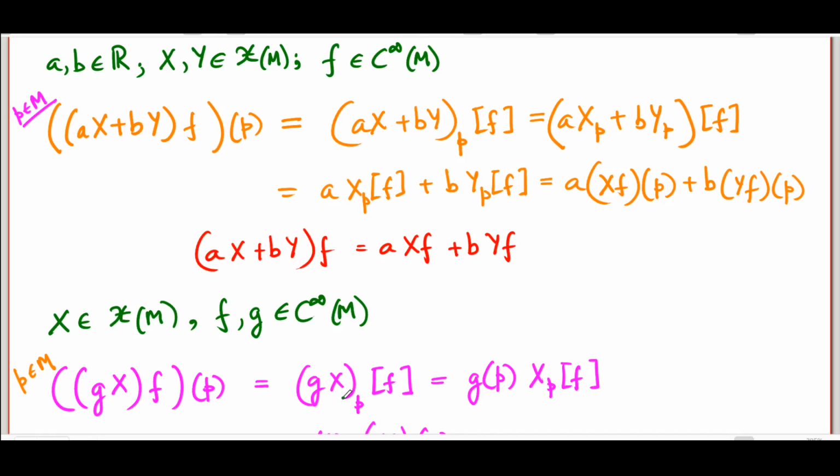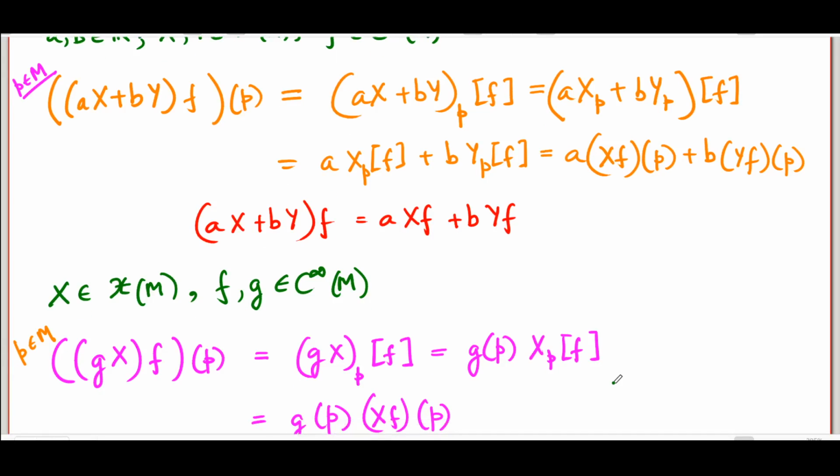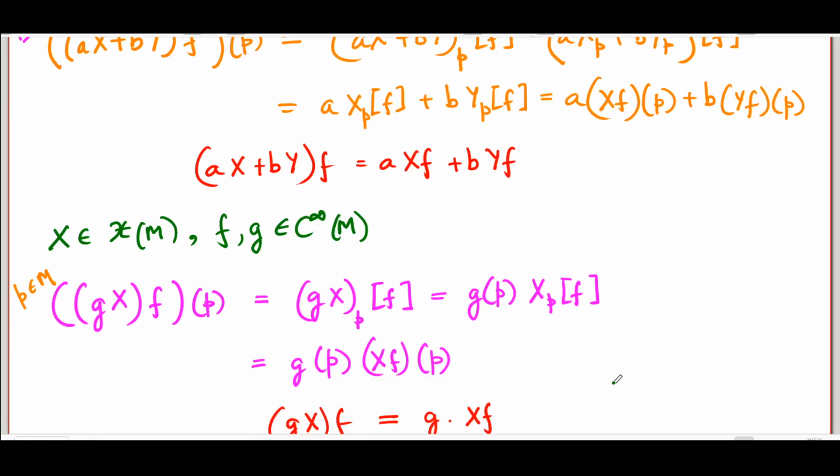But by our definition of gX at the point P, it is nothing but g of p times Xp eating up the function f. And Xp eating up the function f is nothing but the value of Xf at p. So gX f at p is nothing but g at p times Xf at p. So it's nothing but the product of these two functions g and Xf evaluated at the point P.